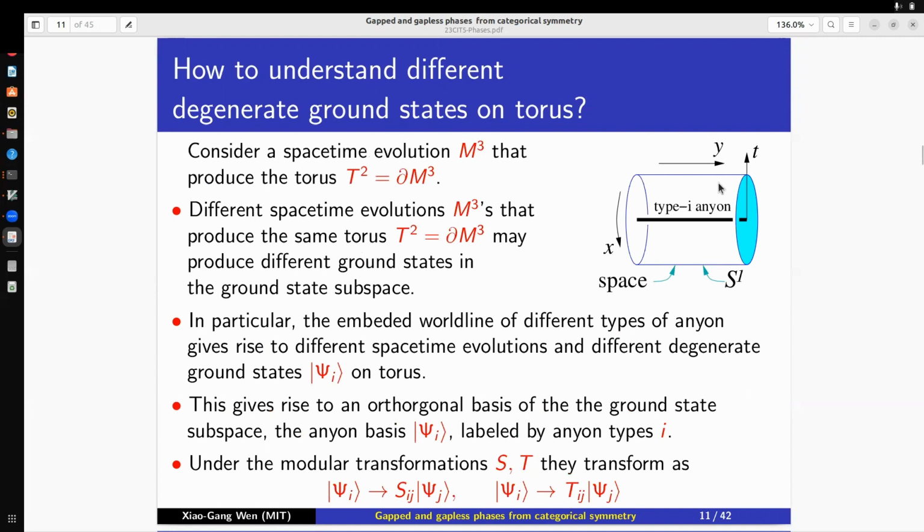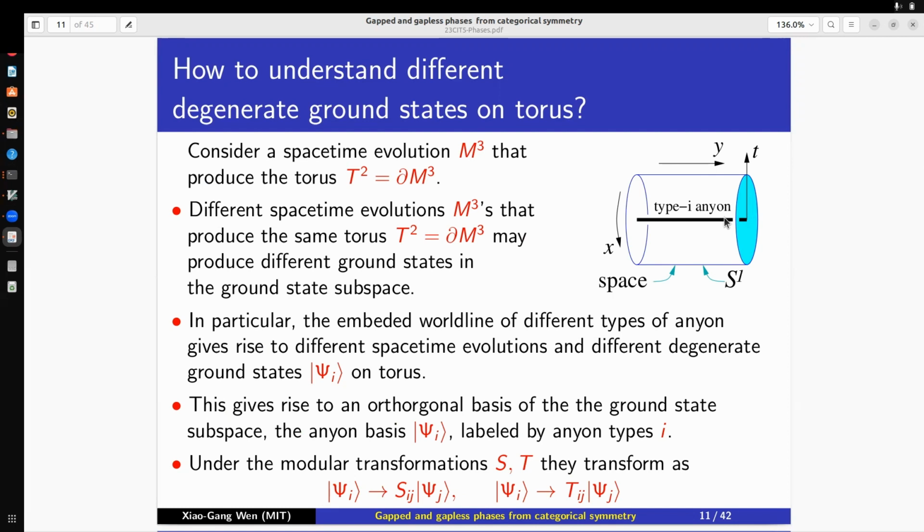So how to understand the degenerate ground state on the torus? Here I draw the space-time picture. The two sides of a cylinder are identified. So what I'm drawing here is a solid torus. The surface of the solid torus is the current time, which is a torus, which has a degenerate ground state. Suppose the Hamiltonian in the space-time is a Hamiltonian supporting topological order.